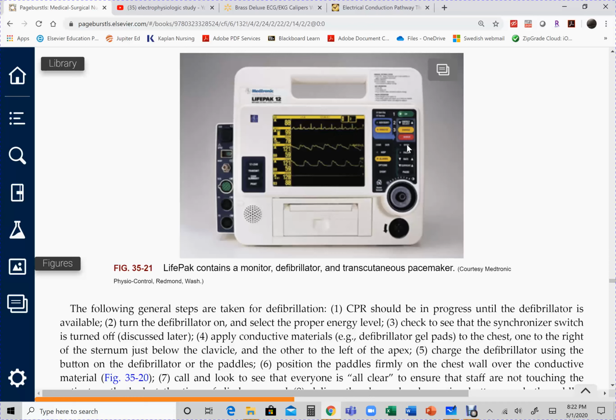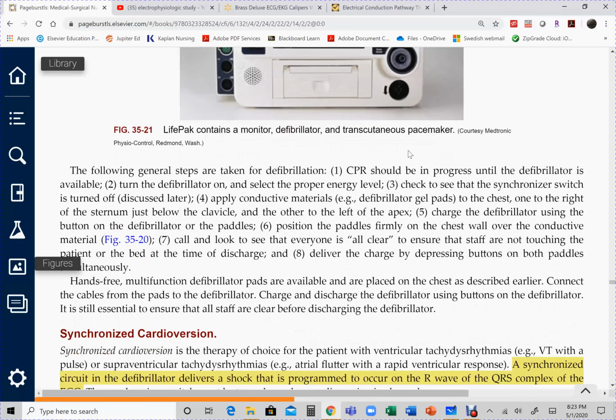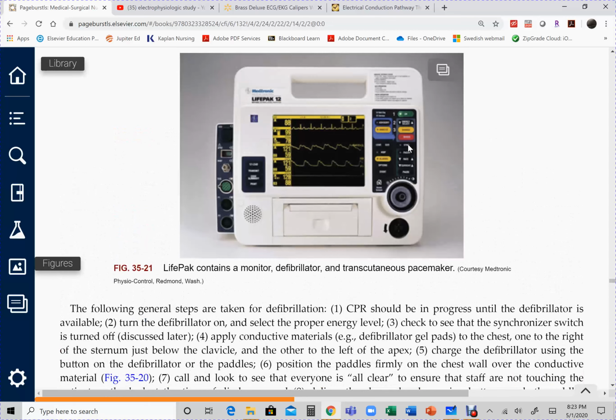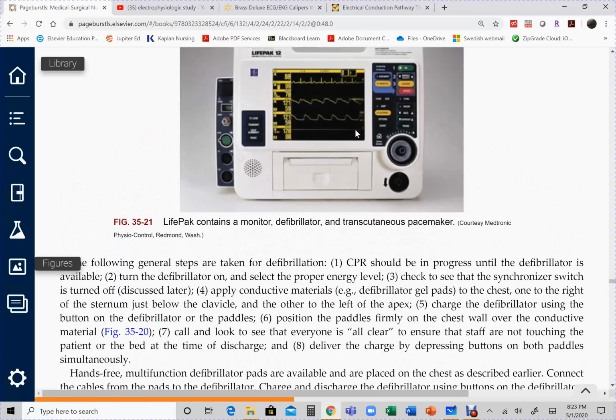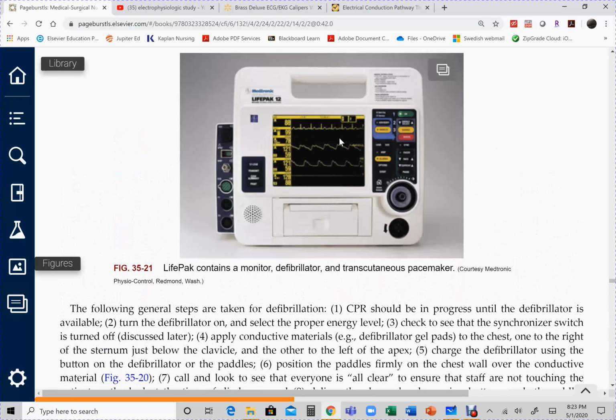If you look closely, or if we have a chance to go to the floor and look at the crash cart, there's a sync button right below this red button. This one says sync, SYNC. So this is the synchronizer button. If you turn that button on, the machine becomes a cardioverter.